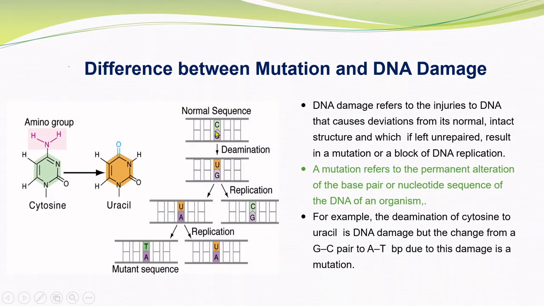So, deamination of cytosine to uracil is the damage, while in subsequent replications, when this damage is not repaired, the substitution of GC base pair to AT base pair is the mutation. Now, the cells have mechanisms to fix DNA modifications or damages, but the mutations are the permanent status of the cell.